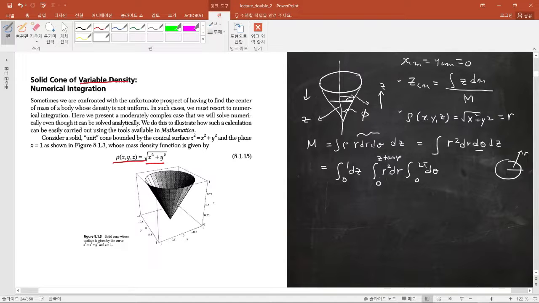Then z goes from 0 to, let's call this line z equal to 1. So this integration is very easy. It gives you 2 pi. This one gives 1/3 z cubed tangent squared phi. Sorry, 1/3 r cubed, which is z cubed tangent cubed phi.